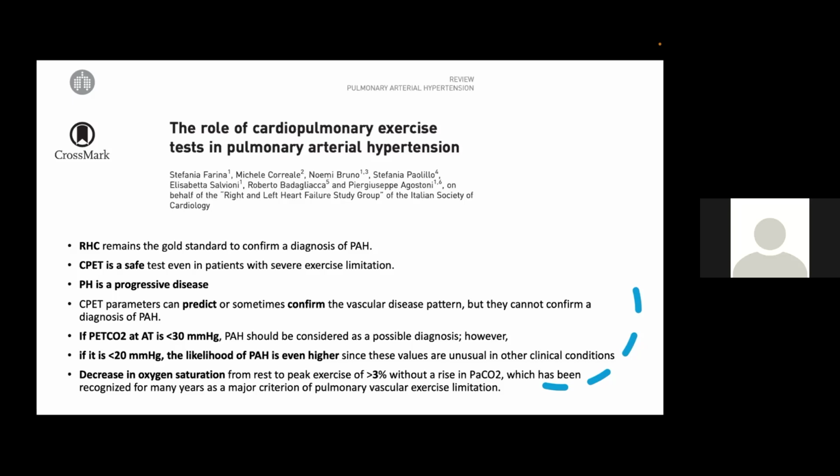Also, they mentioned that if the end-tidal CO2 at the anaerobic threshold is less than 30, this is suggestive of pulmonary arterial hypertension, and if it is less than 20, the likelihood of pulmonary hypertension is even higher, because these values are unusual in other clinical conditions.